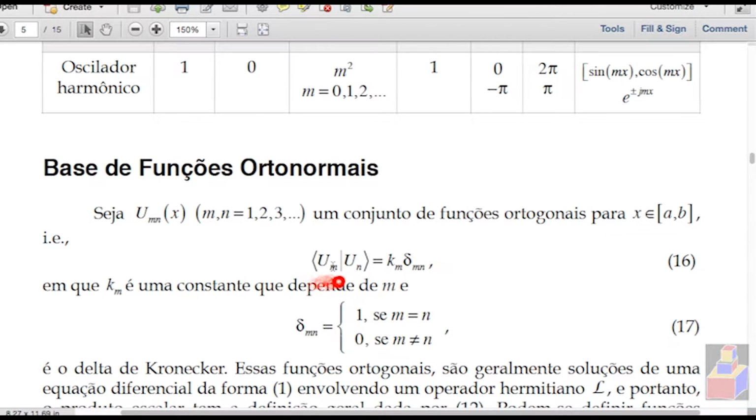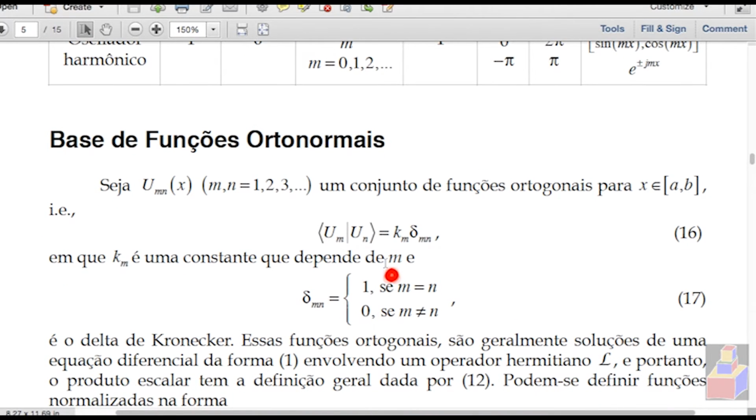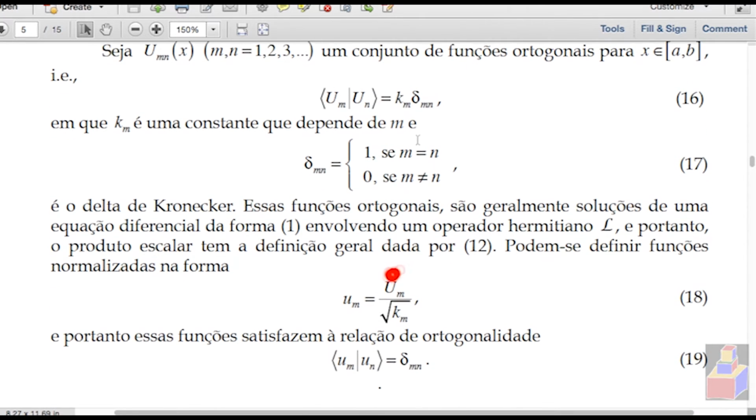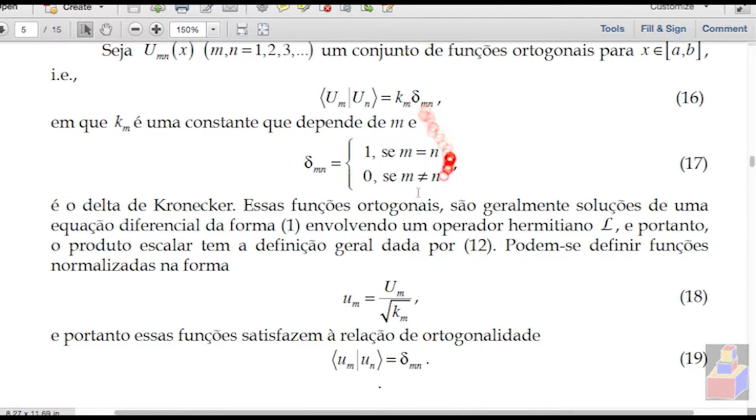It means that the dot product between two functions is not a canonical delta, which equals 1 if the indices are equal and 0 otherwise. The dot product might be different than 1. You can construct normalized functions simply by dividing those functions by the square root of this parameter. Then the dot product between two functions like this is always going to be 1 or 0.